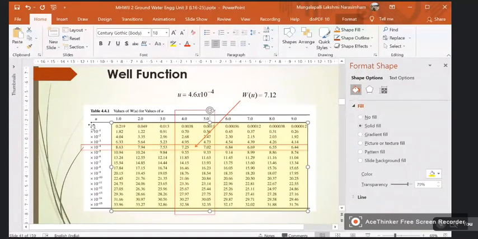So, starting from u is equal to 1, 2, 3, 4, 5, 6, 7, 8, 9, and 0.1, this refers to 0.1, 0.2, small u is equal to 0.2, small u is equal to 0.3.